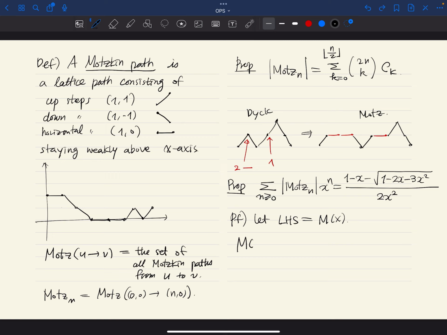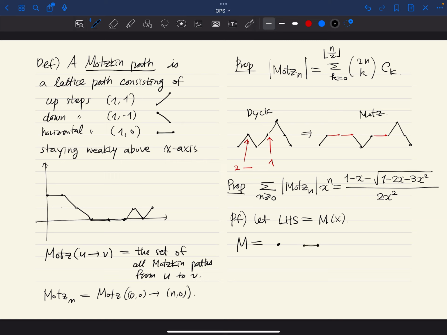Let me just write m, just for short. Either you have an empty Motzkin path, or if it's not empty, there are two choices. The first step is an up step, or the first step is a horizontal step.